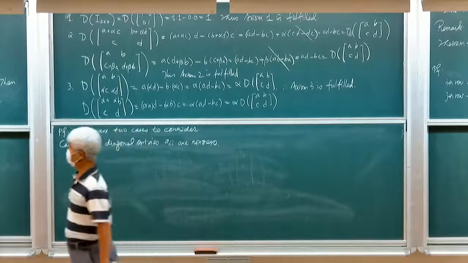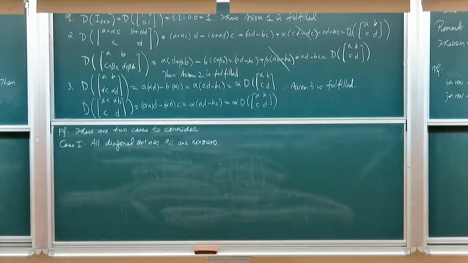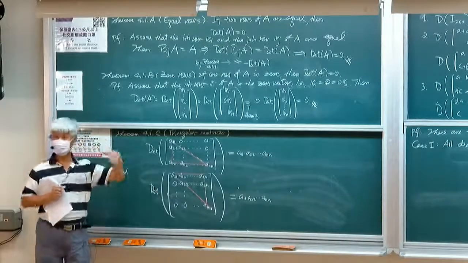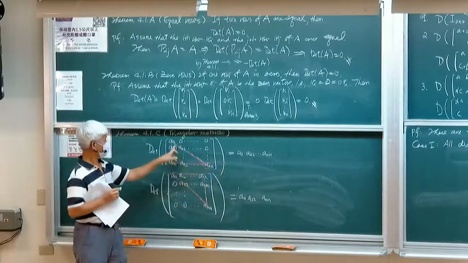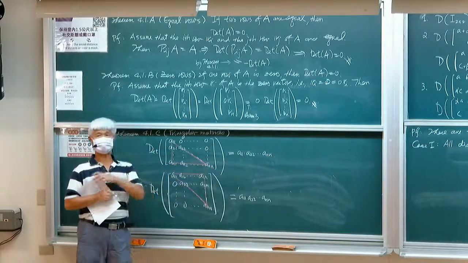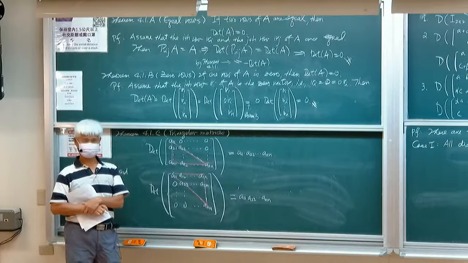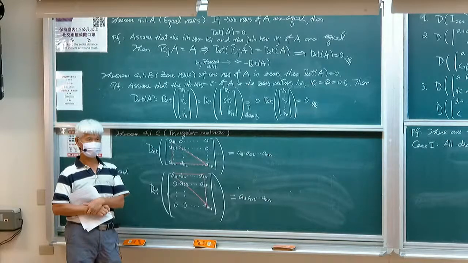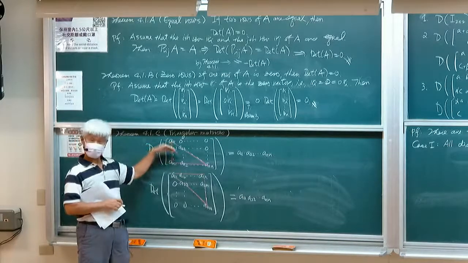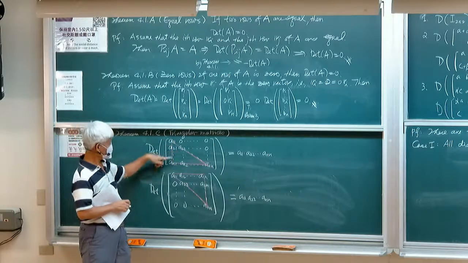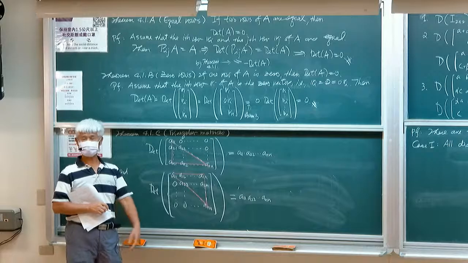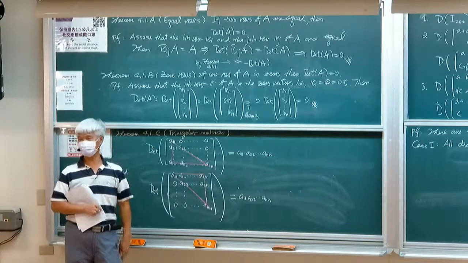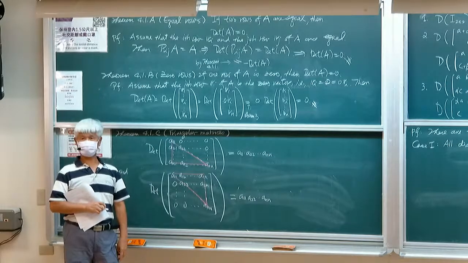Why? If, for example, we have a lower triangular matrix and all the diagonal entries are non-zero, what can we do? We can use the replacement operations to eliminate all the off-diagonal entries, right? I believe you already have this experience before in chapter 1.